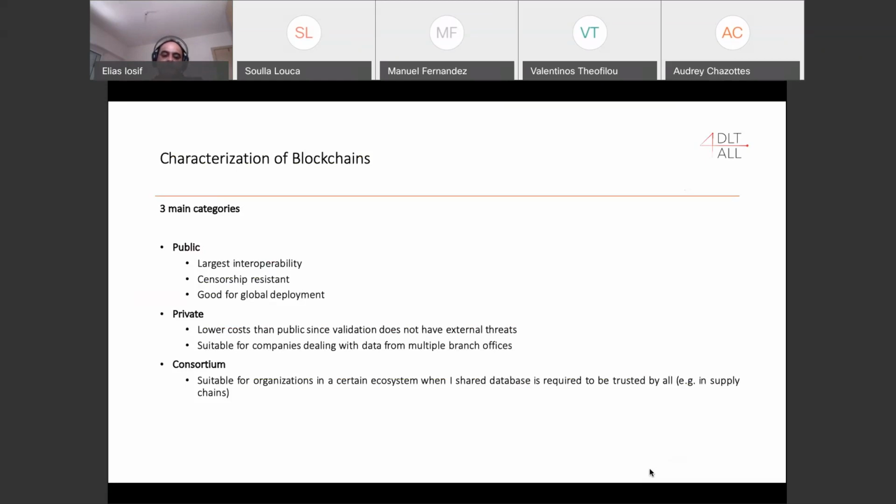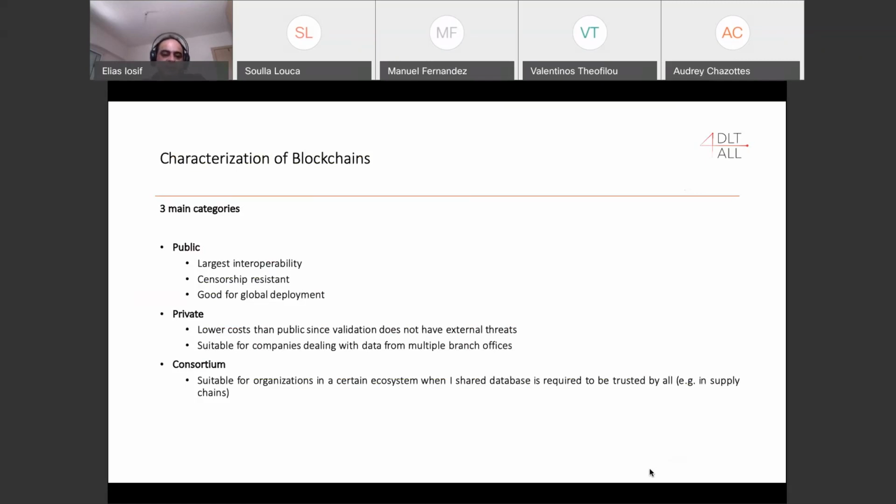Statistically speaking, in terms of applications deployed, they are more appropriate for a global deployment and adoption.